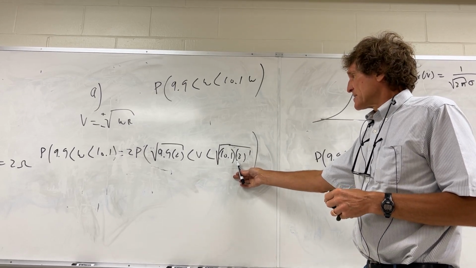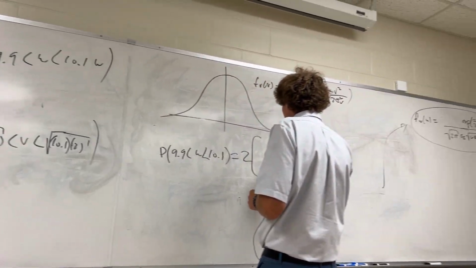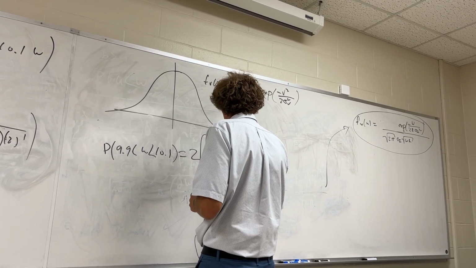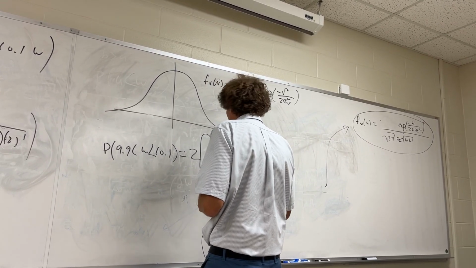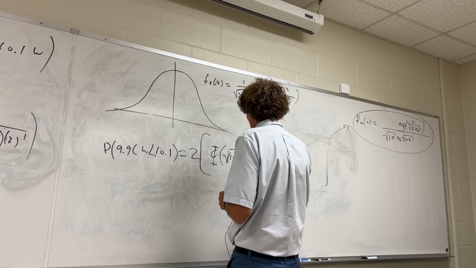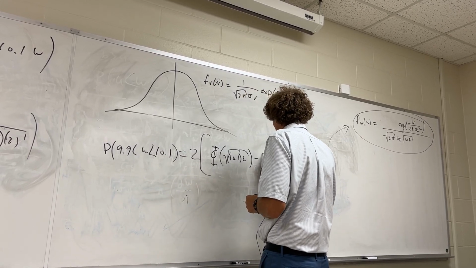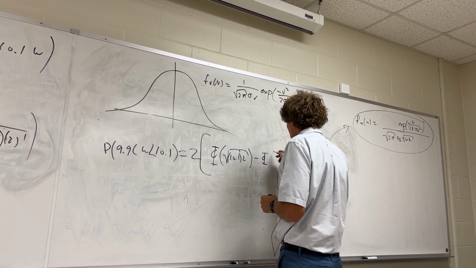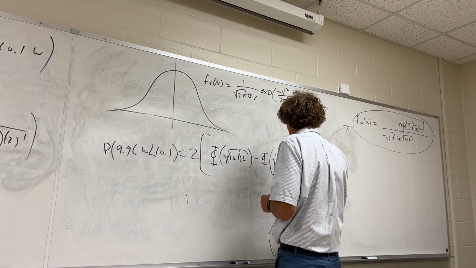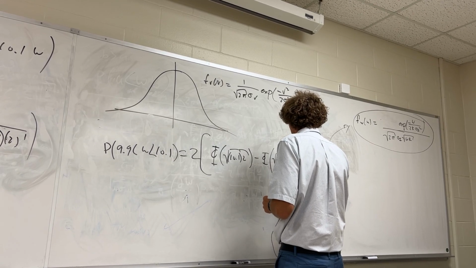Now, I don't know what that is, but it's going to be the characteristic function of the square root of 10.1 times 2. If you have your calculators, you can do this. Whatever that is, it's going to be minus the characteristic function of the square root of 9.9 times 2.